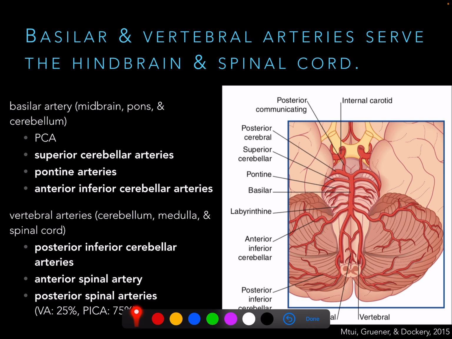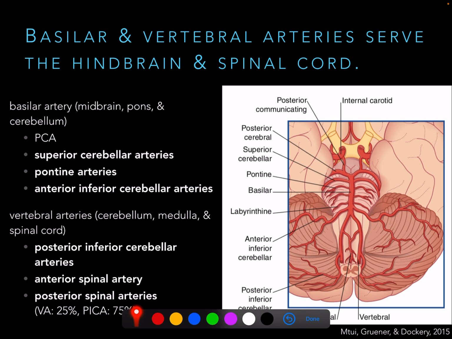In most folks, the posterior inferior cerebellar arteries arise from the vertebral arteries, not the basilar artery. So after we've branched off our anterior inferior cerebellar artery, now we are branching into the vertebral arteries.